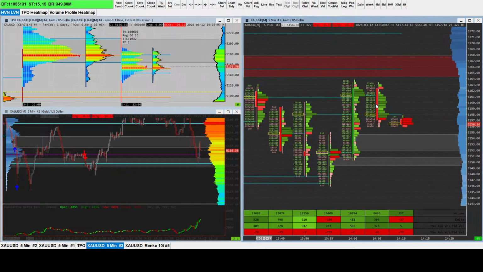We close below all of these guys, so a push down is highly likely. Unless buyers come in and just blow right through, which is a possibility. But looking at that candle, it looks like a push down is highly likely.